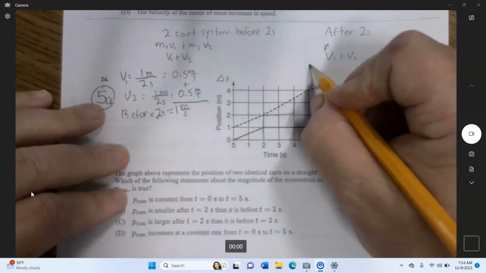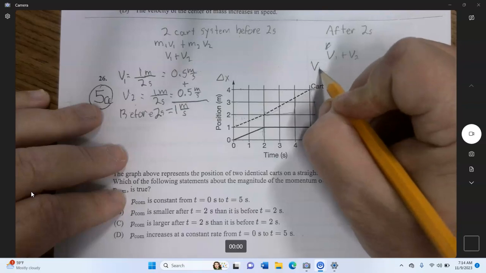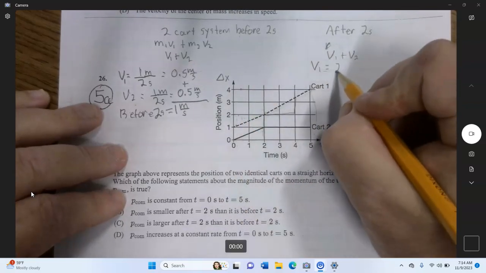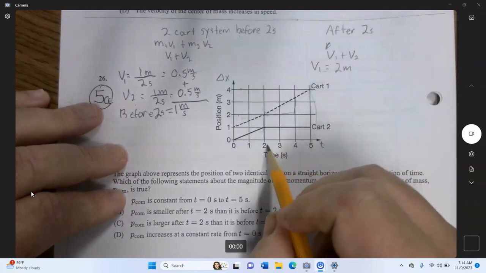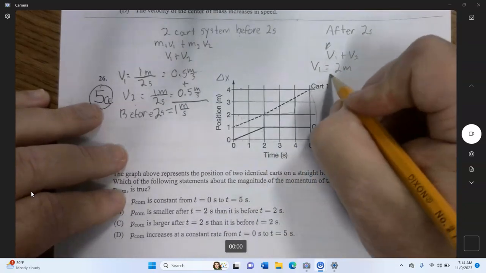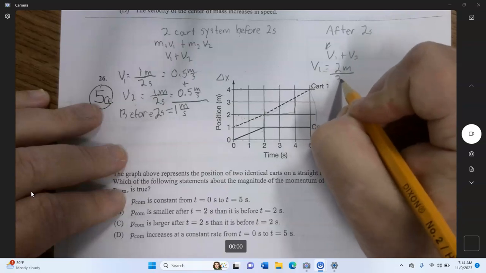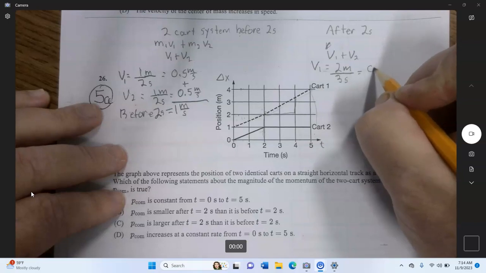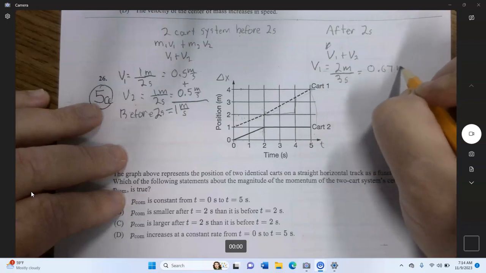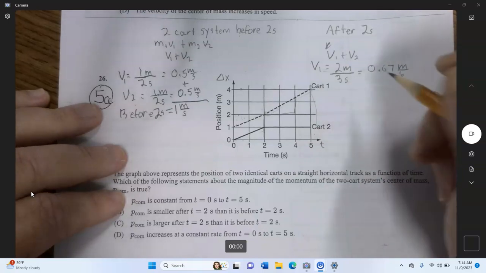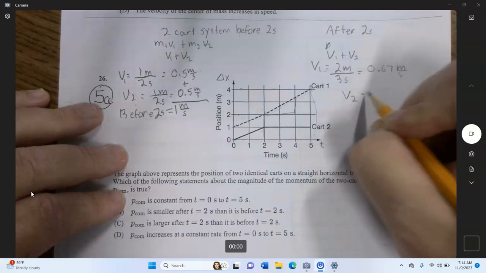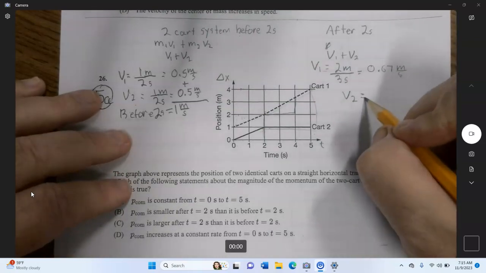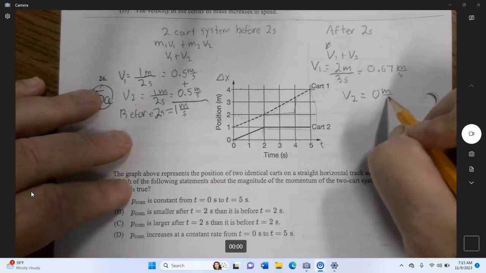So V1, let me do that right, goes from 2 to 4, so that's 2 meters, and it takes 1, 2, 3 seconds. So 3 seconds. In decimal form, you could say it's 2/3 or 0.67 meters per second. And V2 is here. It flatlined. It's 0 meters per second.